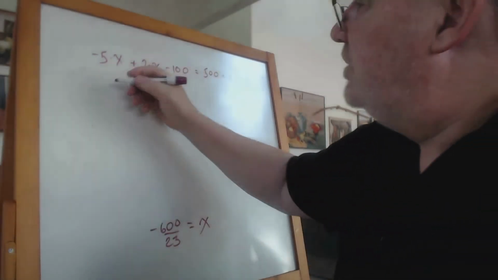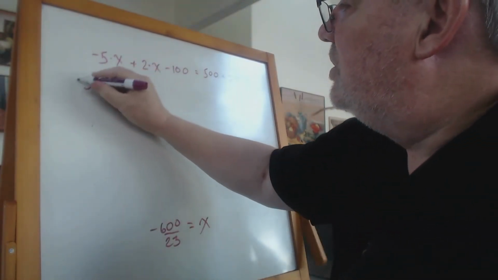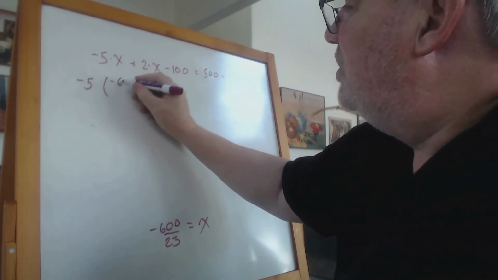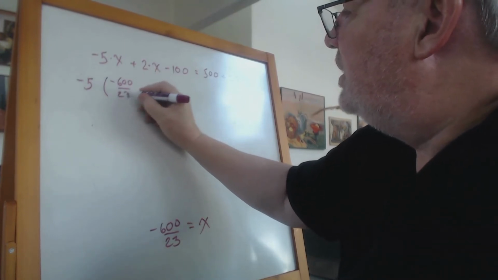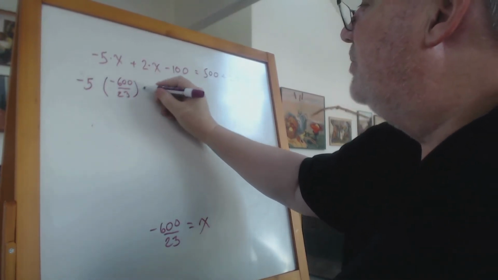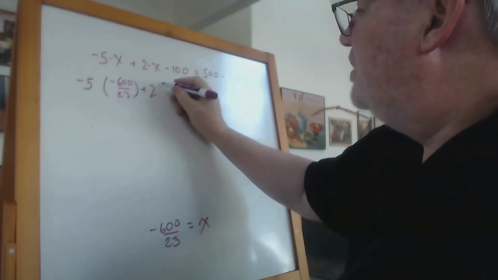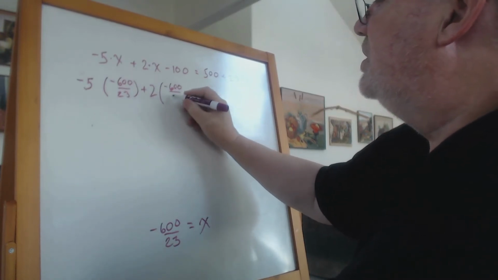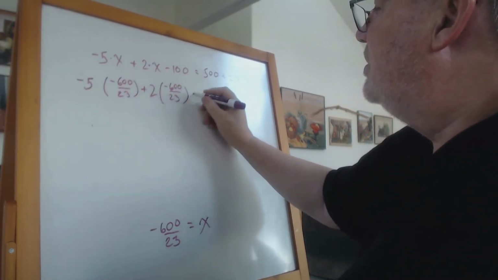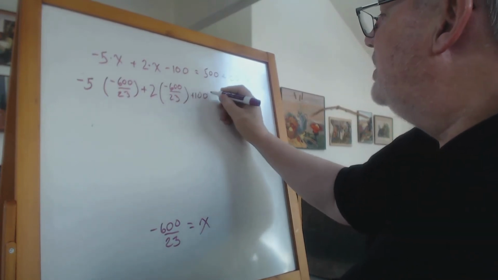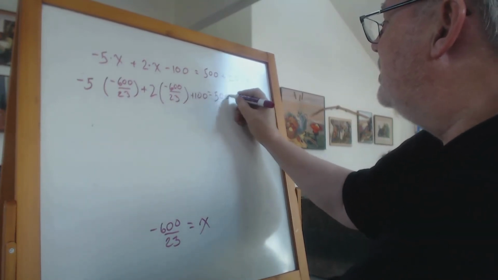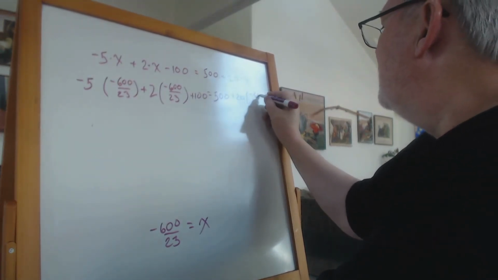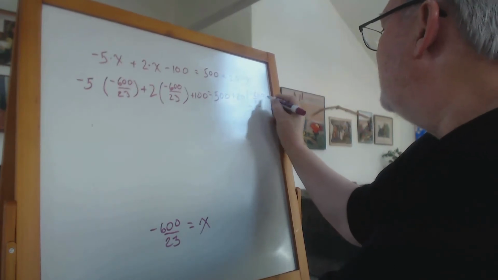So, minus 5 times x, which is minus 600 over 23, plus 2 times minus 600 over 23 plus 100 equals 500 plus 20 times minus 600 over 23.